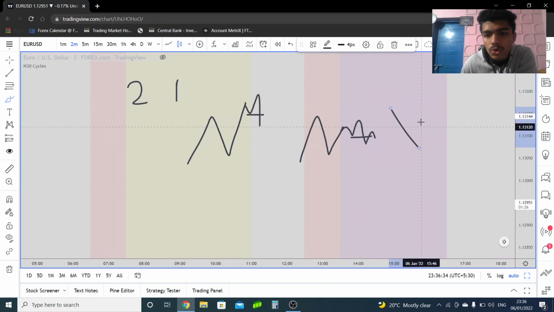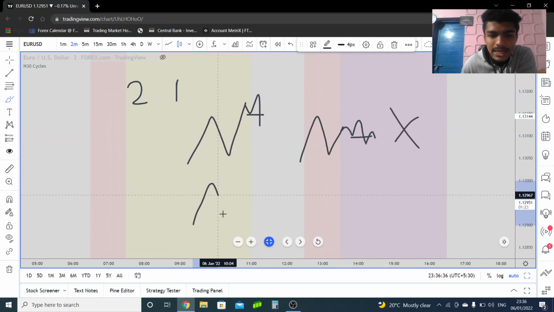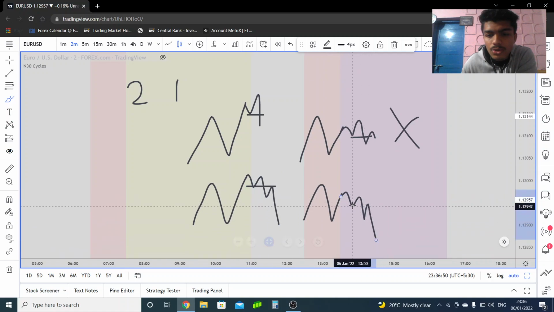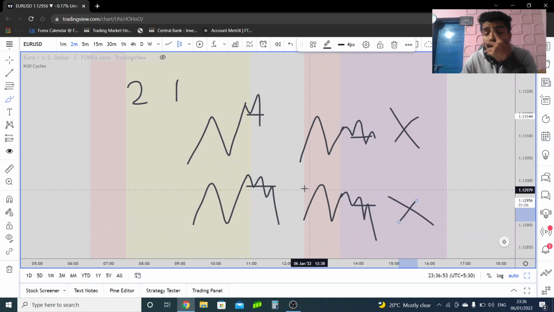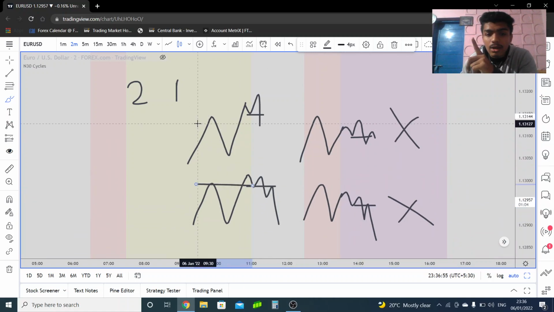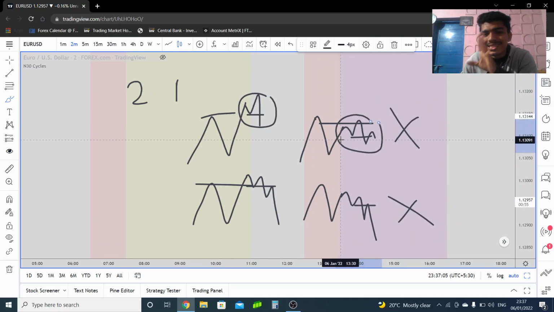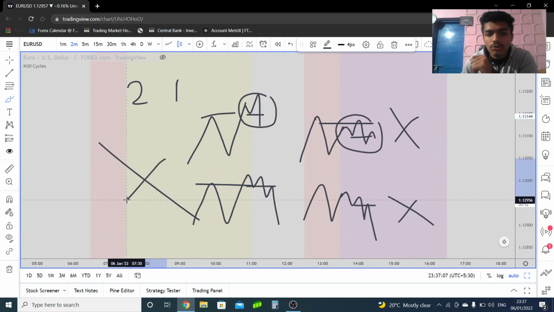This is no trade. If the market is taking external range liquidity and internal range liquidity and giving you mitigation entry, this is no trade. The market is fulfilling the first criteria, taking external range and over here internal range, but on the second leg it is not giving you SMT. This is the second criteria where you don't take trades.